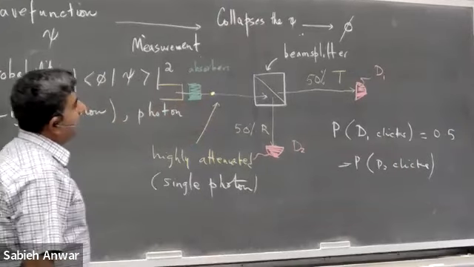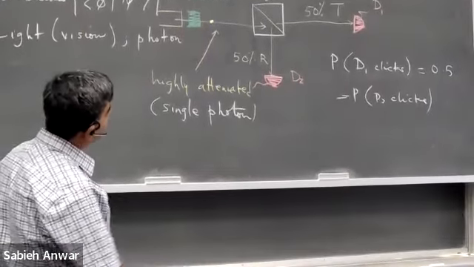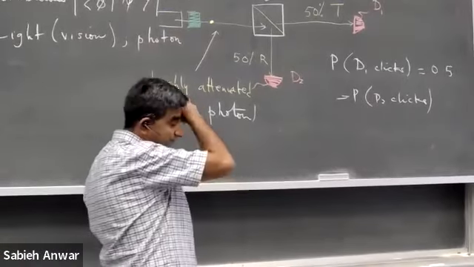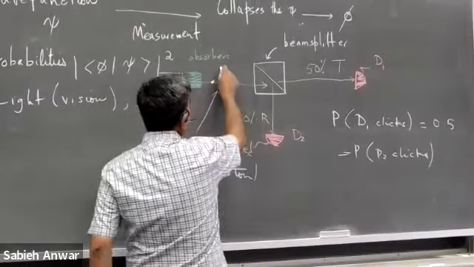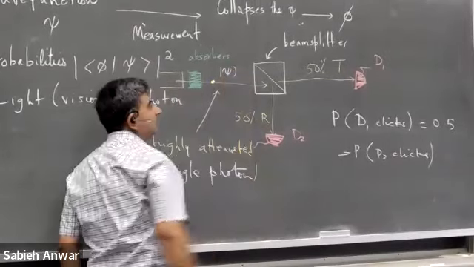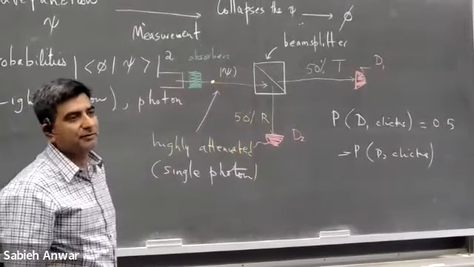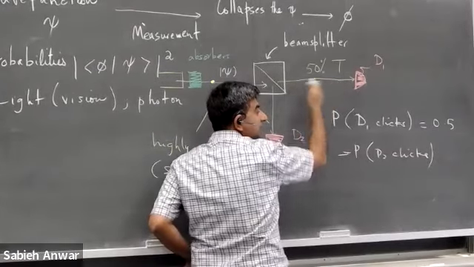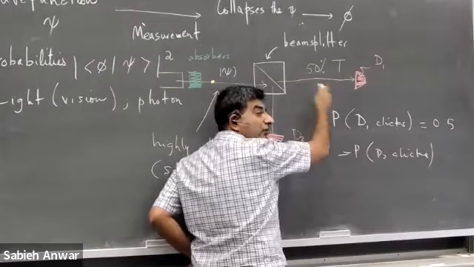All right. Now suppose the incoming state is psi of a photon. And I give this path a quantum label. This path is a quantum state.